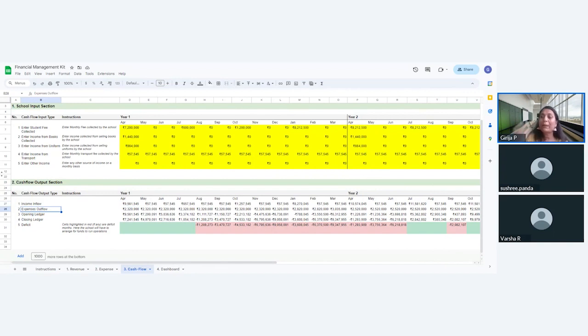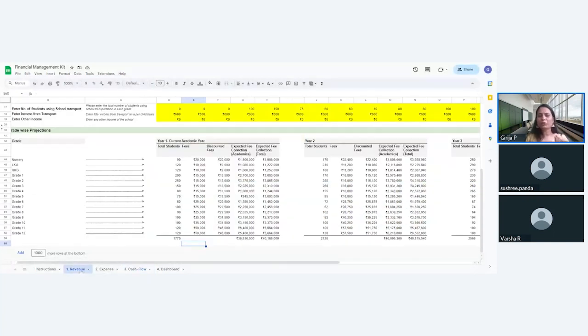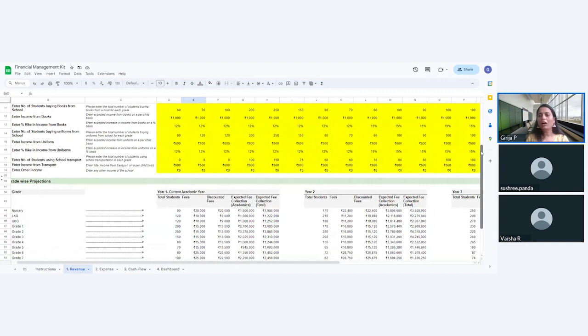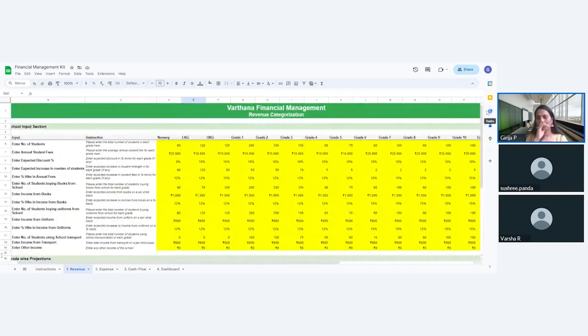Let me just summarize, in case the screen was not visible to others as well. In this tool we have 3 things: revenue, expense, and cash flow. We have talked so far about the revenue and expenses. In revenue, this tracker will help you to understand how much revenue you are collecting from the different sources within 1 year, and it will give you the projection for the next 2 years as well.